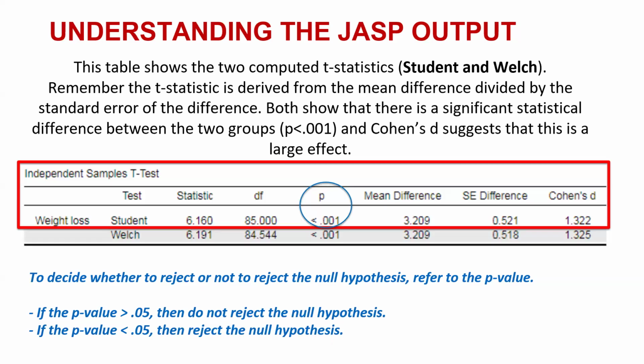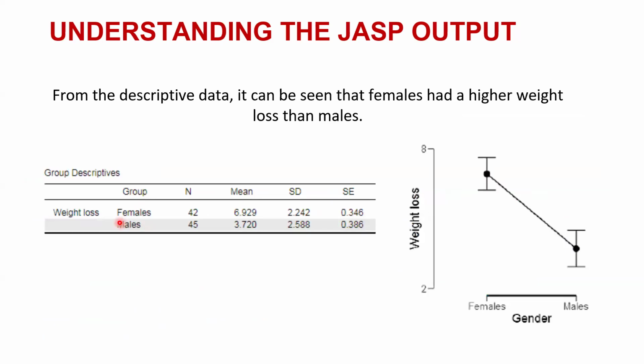Of course, we will not forget our descriptive table and the graphical presentation. From the descriptive data, it can be seen that the females had a higher weight loss than males. As we indicated earlier, the females had a mean weight loss of 6.929 kilograms.